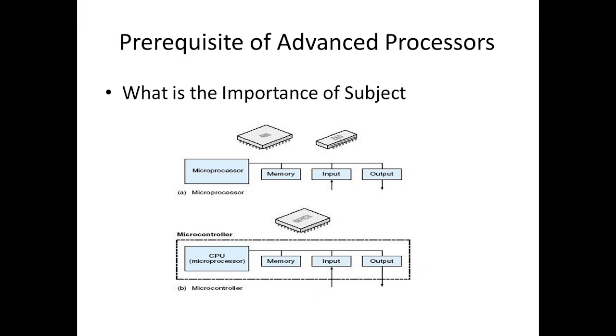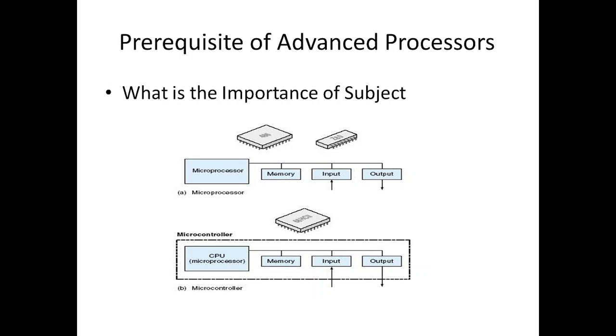If you see the difference between microcontroller and microprocessor, again we have the basic units: memory is a very important part of the whole discussion, input is very important, output is very important. Output is nothing but one type of display which we use in most instruments. Input can be a sensor input, a relay input, a keyboard input, maybe voice for voice control devices.